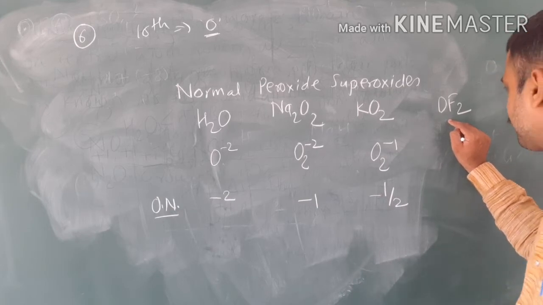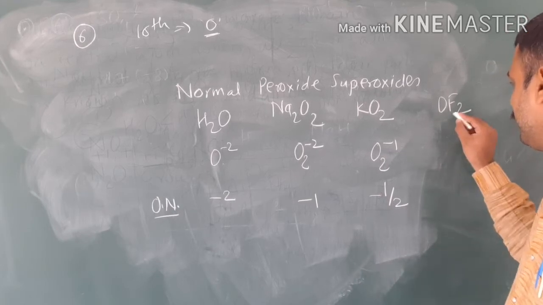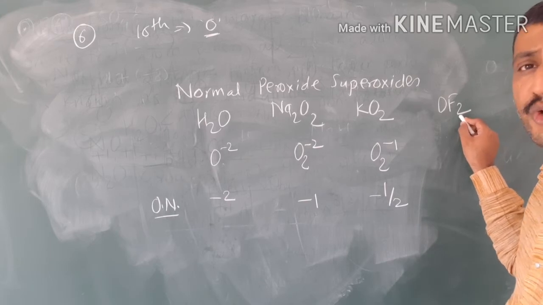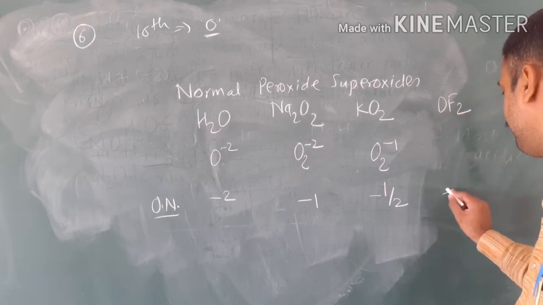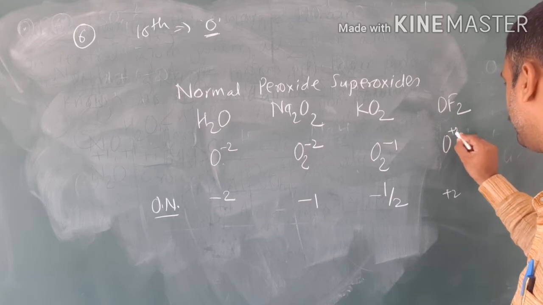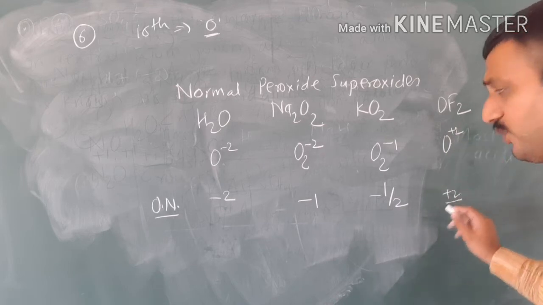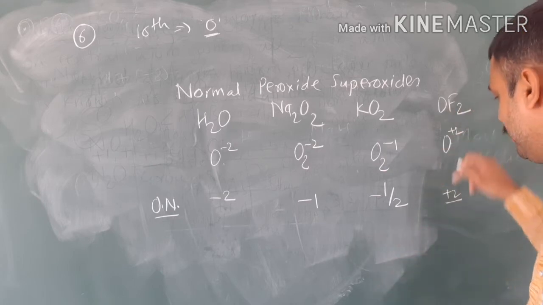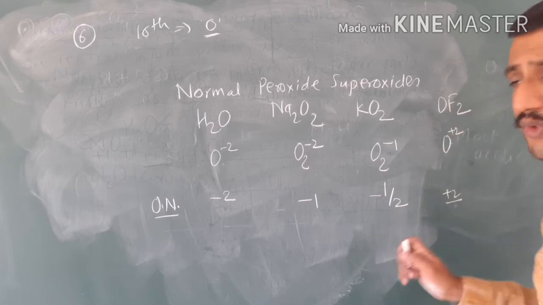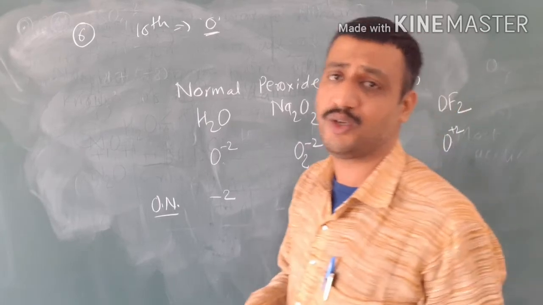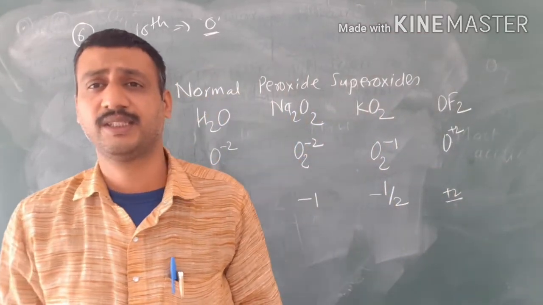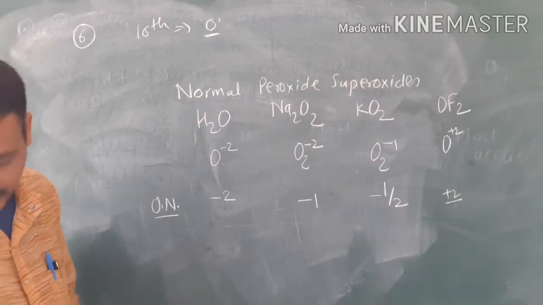That's why here the fluorine carries a -1 charge each, a total of -2, and to compensate, oxygen carries a +2 charge. So what is the oxidation state of oxygen in OF2? It's +2, because fluorine is more electronegative than oxygen. So these are some exceptions for oxygen that I told you.